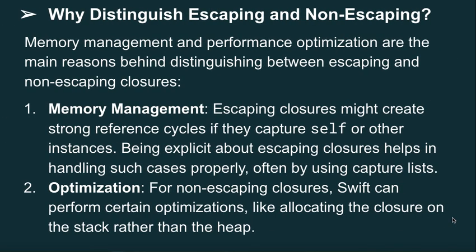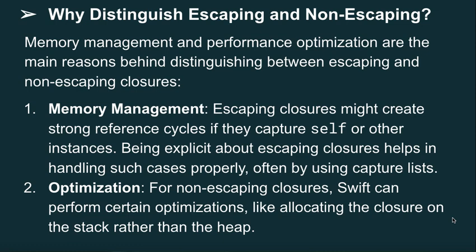Why distinguish escaping and non-escaping? Memory management and performance optimization are the main reasons behind distinguishing between escaping and non-escaping closures. Number one, memory management. Escaping closures might create strong reference cycles if they capture self or other instances.